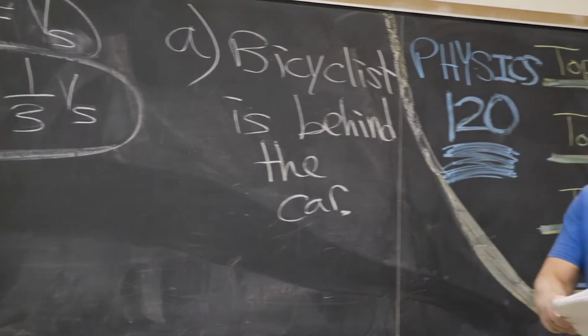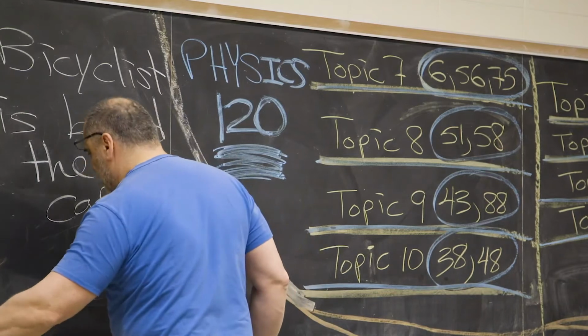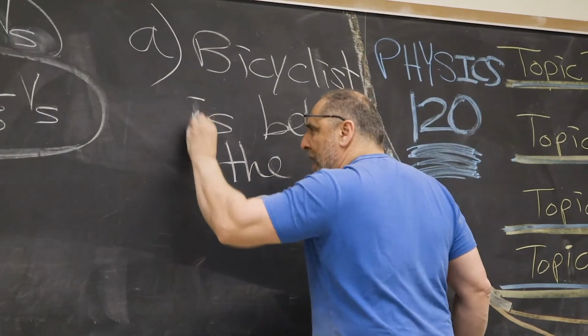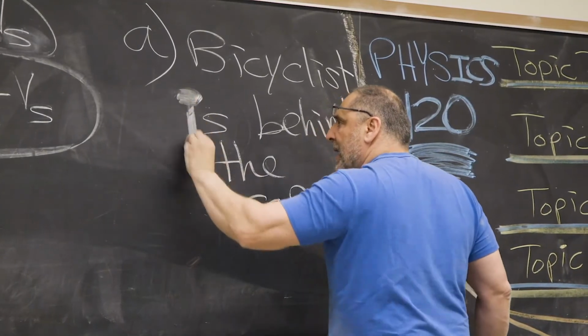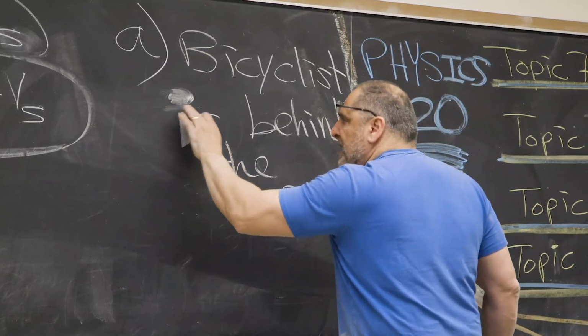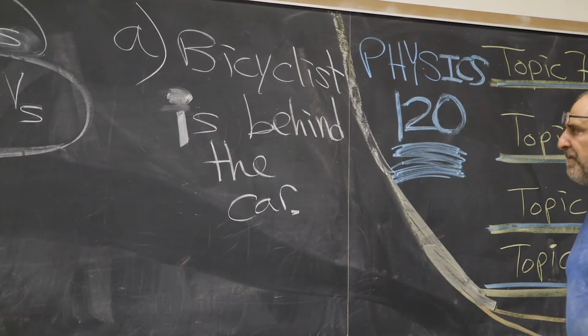Behind the car means they are getting farther apart. I have that in the notes, so you look at it as well. So the bicyclist is behind the car for A.